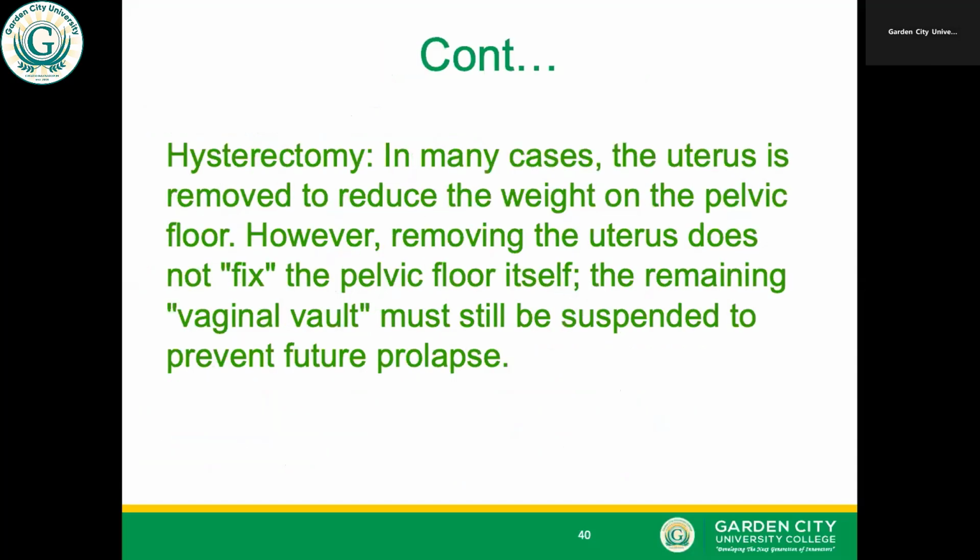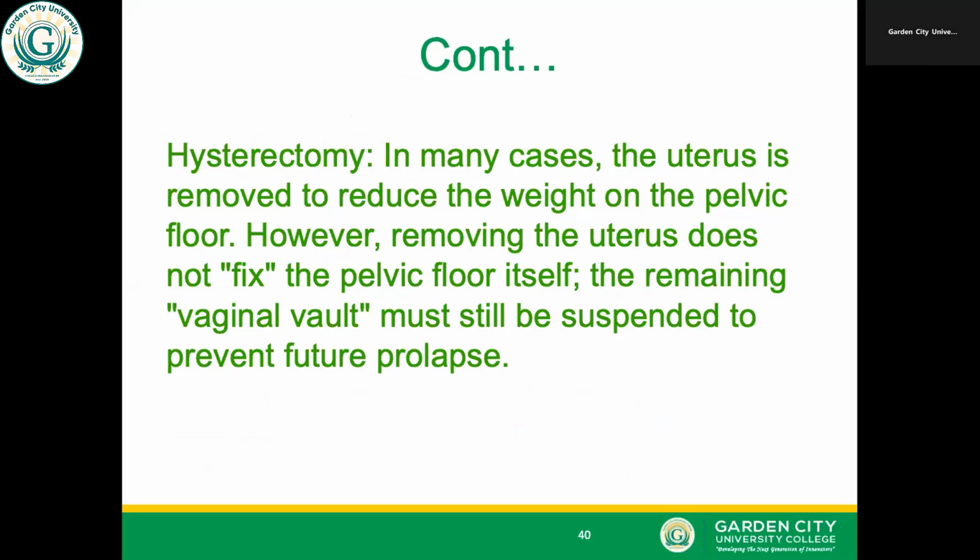So in this case, maybe the person doesn't want to undergo hysterectomy. If the person's own ligaments cannot help, then they'll also use a mesh. And this mesh will help suspend the uterus to its right position so that hysterectomy wouldn't be done on her.